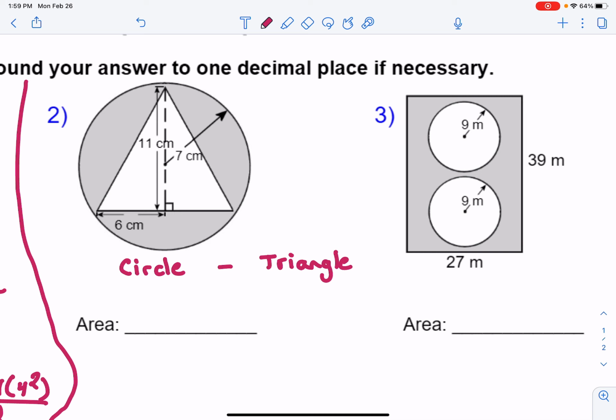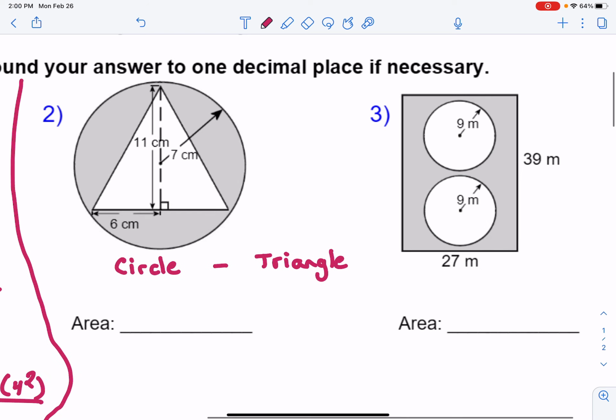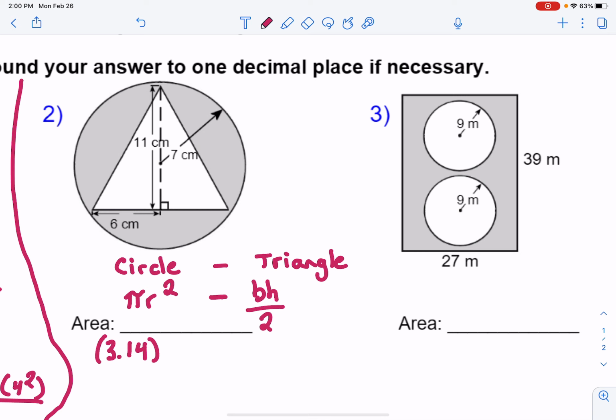All right, let's write down our formulas. The formula for the area of the circle is pi r squared. And the formula for the area of a triangle is base times height divided by 2. Next, we're going to fill in or replace the variables with the numbers that they represent. So for our circle, we know that pi is 3.14, and the radius is from the center to the edge.